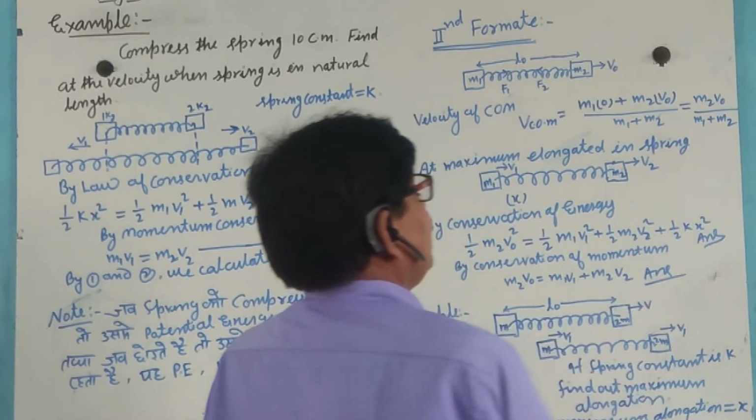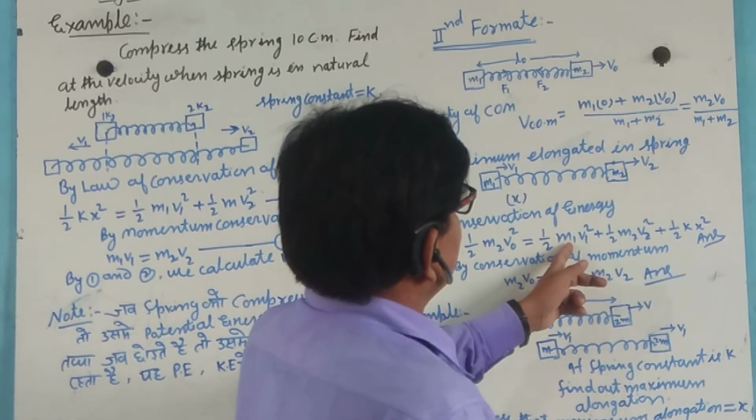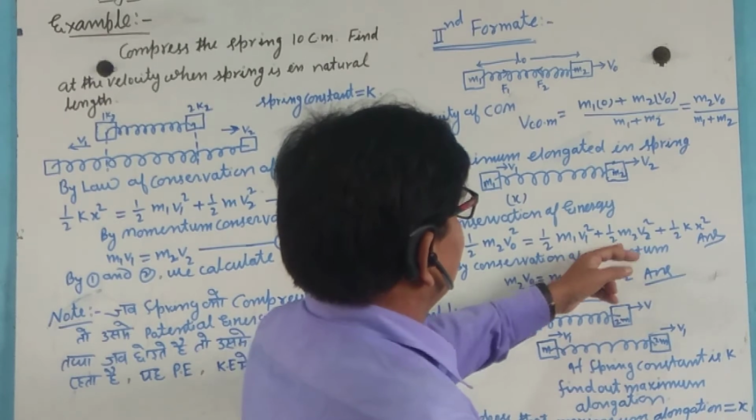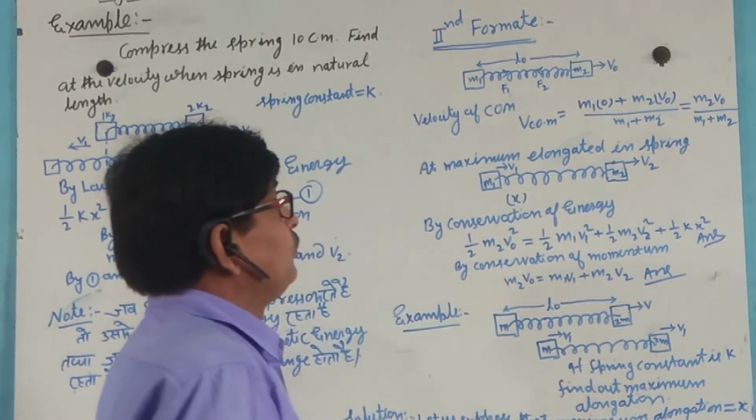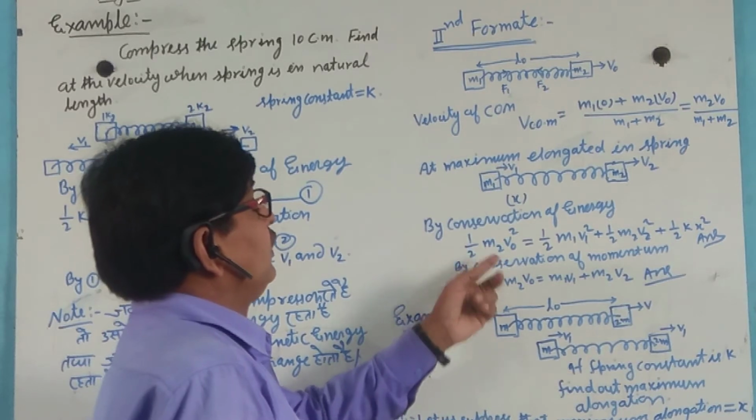This is the potential energy, and this is the kinetic energy of block m1 and block m2.